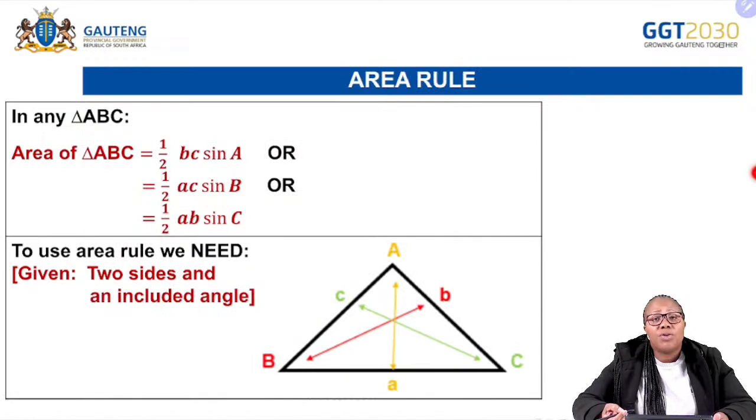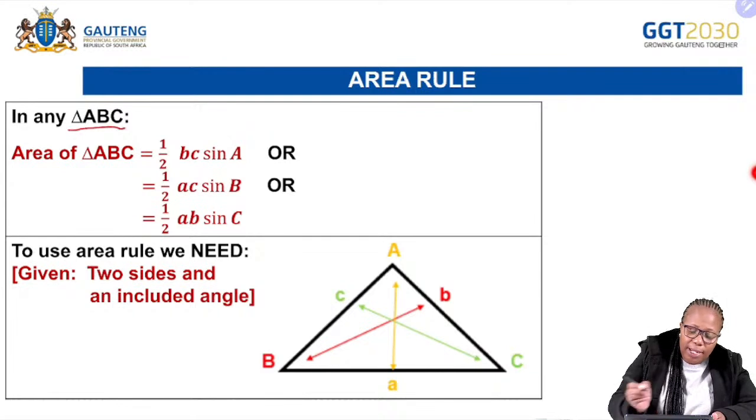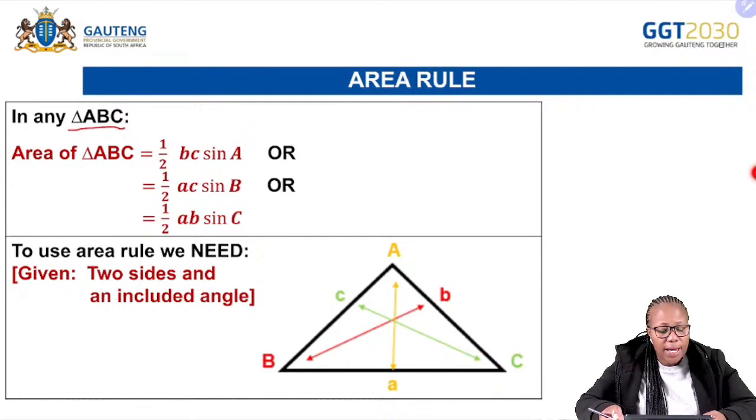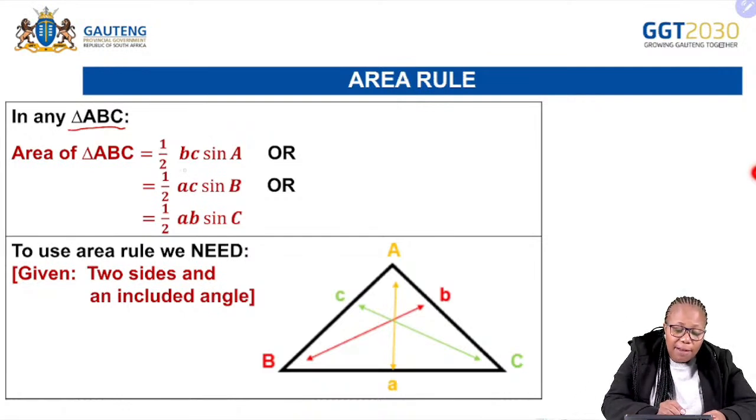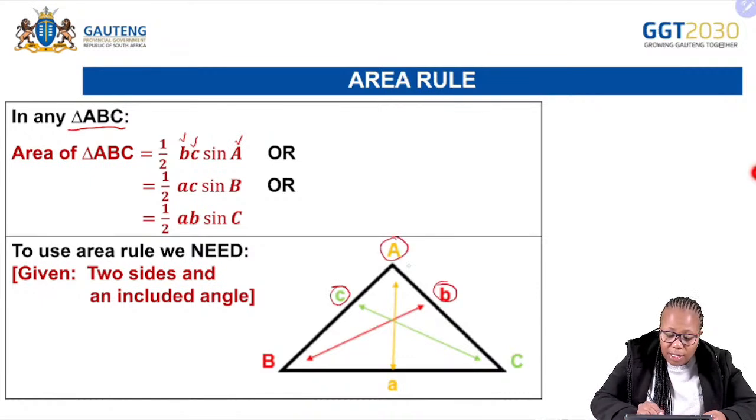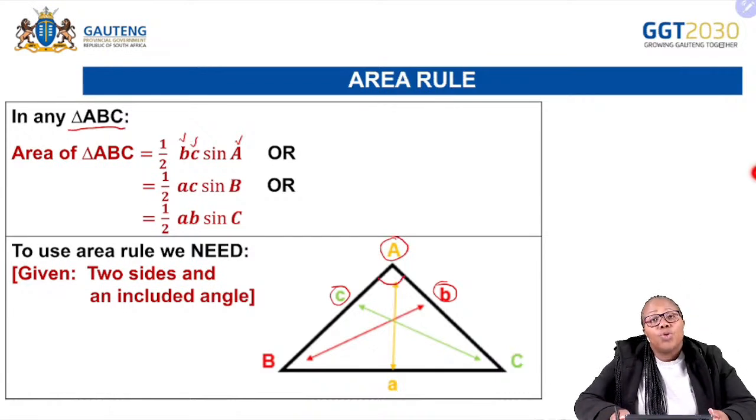And then we have the third rule, which is the area rule. There is a relationship between the area rule and the cosine rule. If I have triangle ABC again, and I have to calculate the area of that triangle, firstly, I can use half bc sin A. That means you must be given side b and side c, and then angle A. Look at that now. If I am given b and c, can you see that A is an included angle because it's between those two given sides?